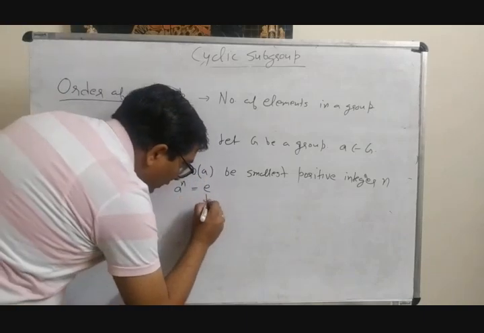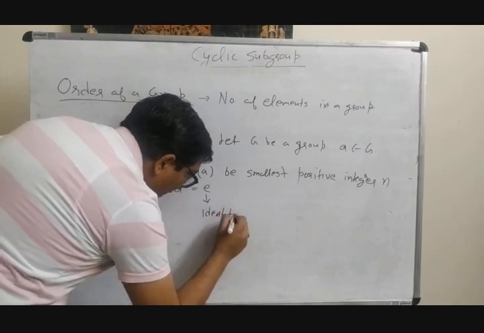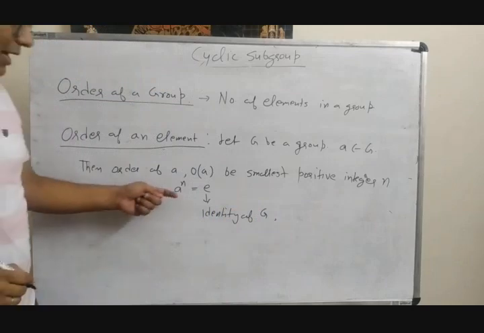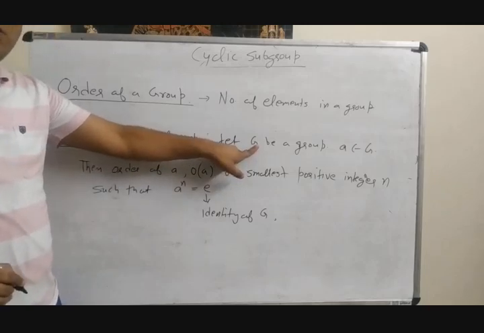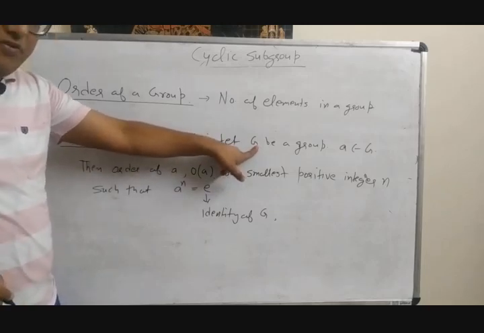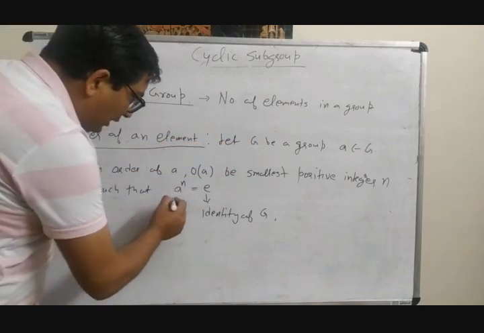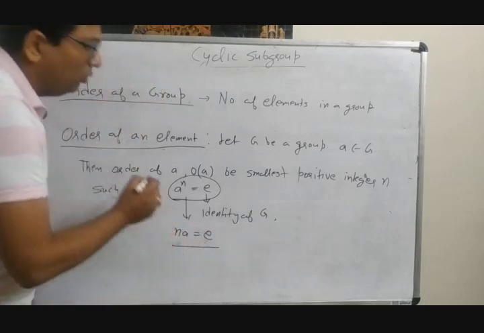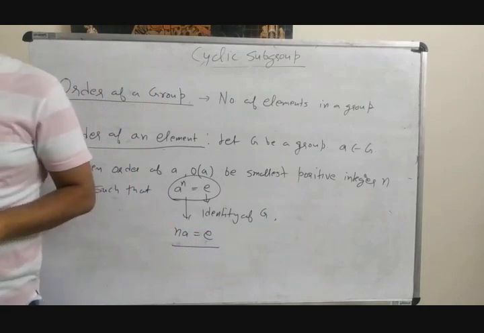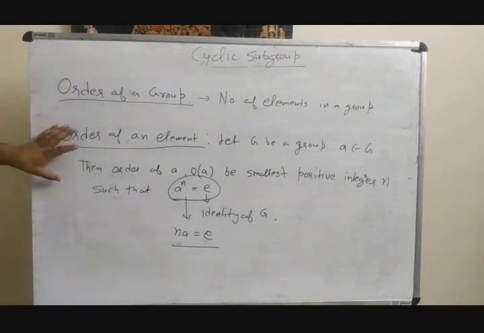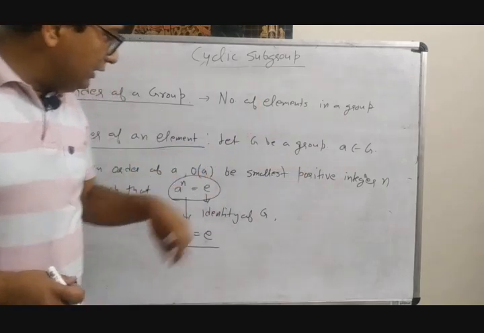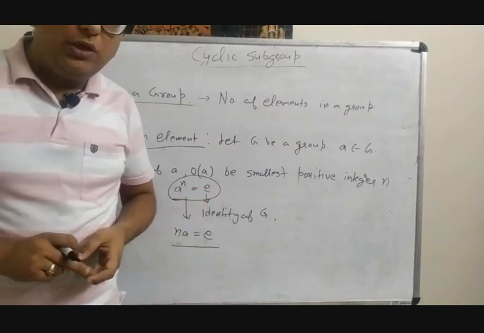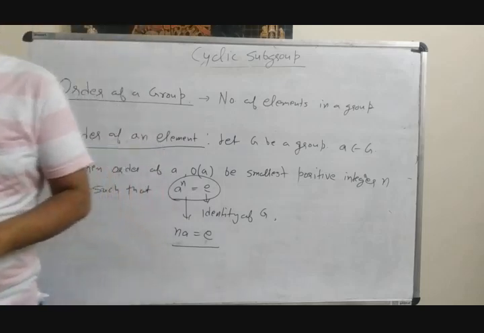What is e? e is the identity of G. Now again here we are considering this group with respect to multiplication. If it is with respect to addition, then this statement will be converted into n into a is equal to e. So the order of an element is the smallest positive integer n such that a raised to power n is equal to e.